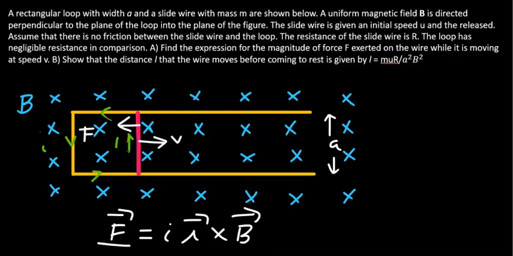So that is the force that we want to determine. So this force will slow the metal down, and when the magnitude of the force is F, the speed with which it is moving is v.